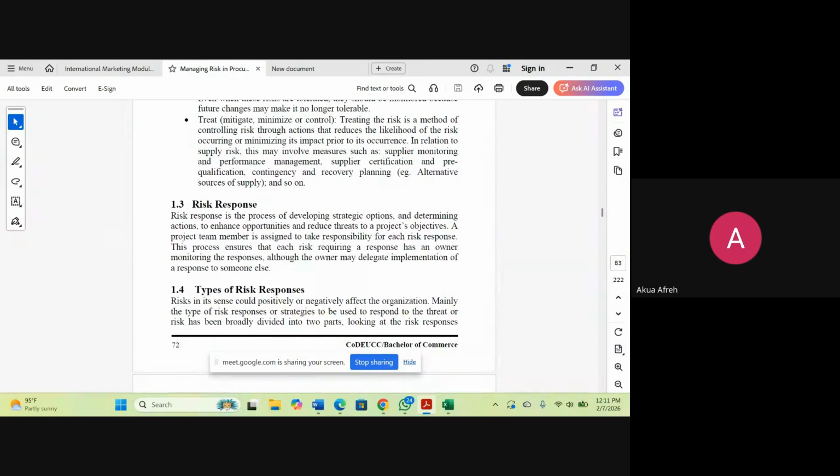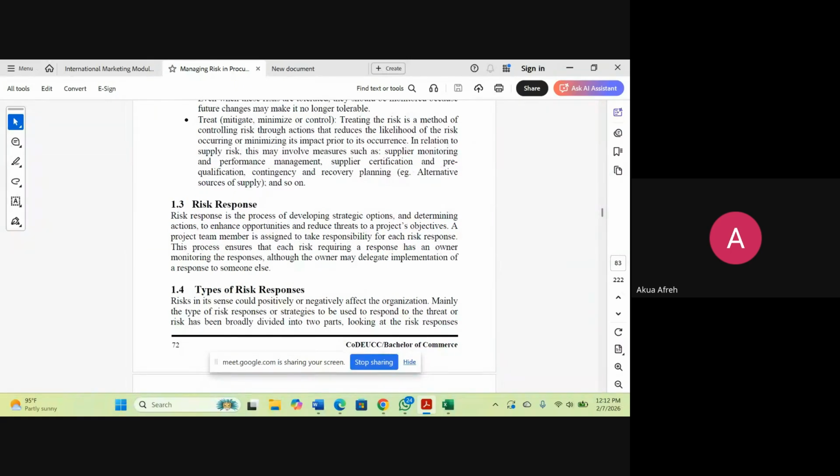So this is about you trying to develop some strategic options and determine actions that you can use to reduce some of these risks.